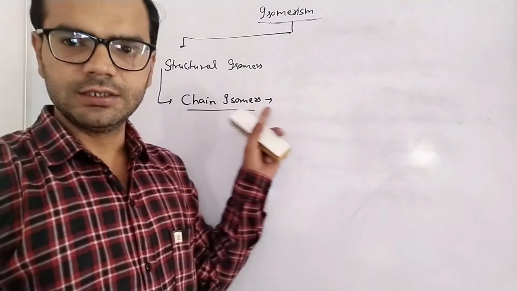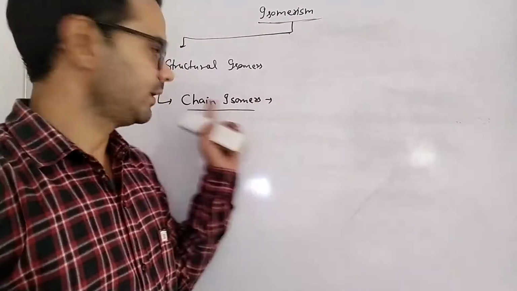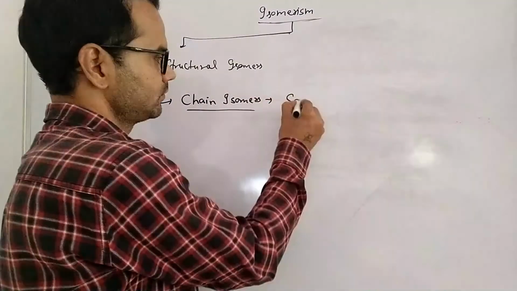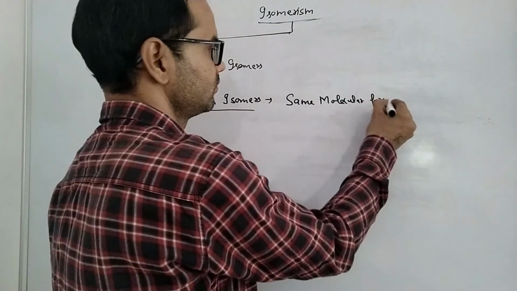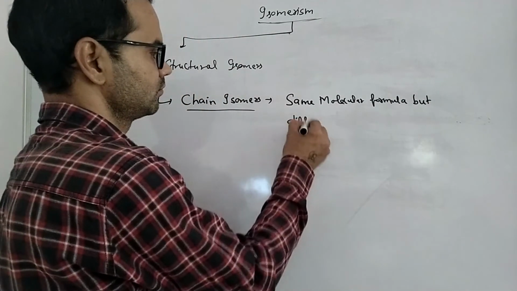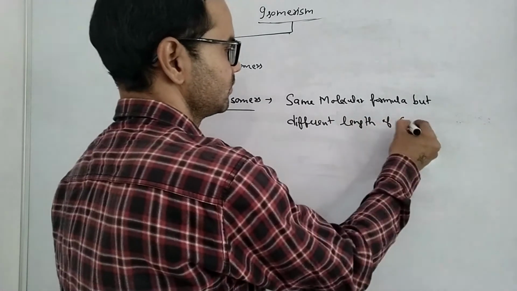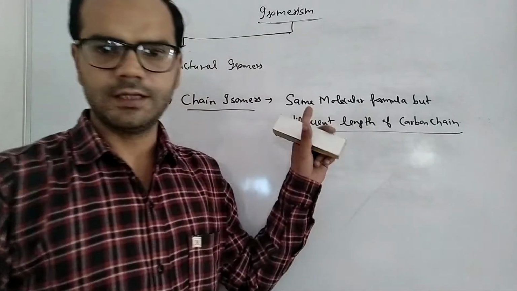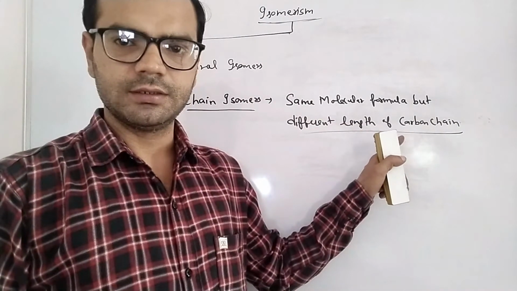As the name indicates, the organic compounds have the same molecular formula but different length of a carbon chain.